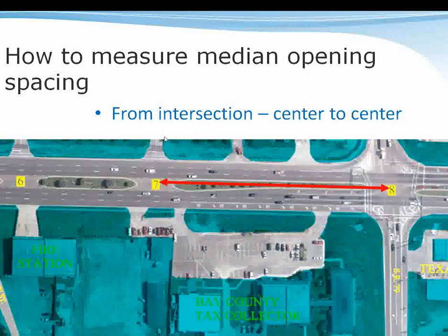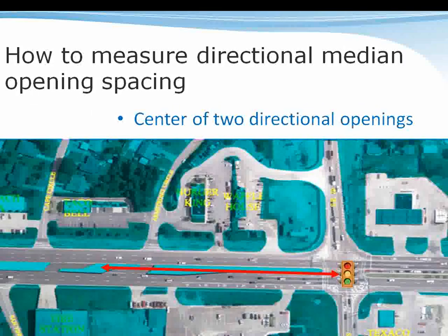The way we measure median opening spacing is from the center of the opening to the next center of the opening. Now, measuring the spacing between a major opening and a directional is a little trickier. Most directional openings come in pairs, allowing left turns into property on one side and left turns into property on the other side.